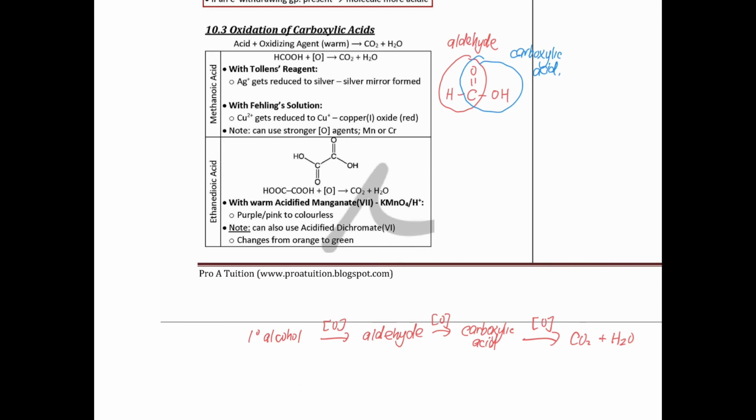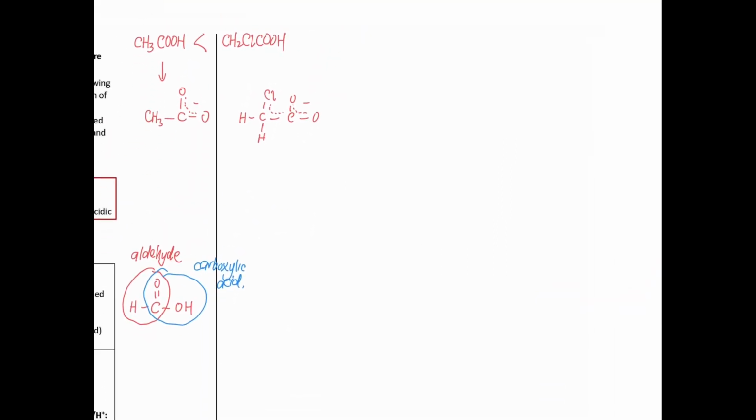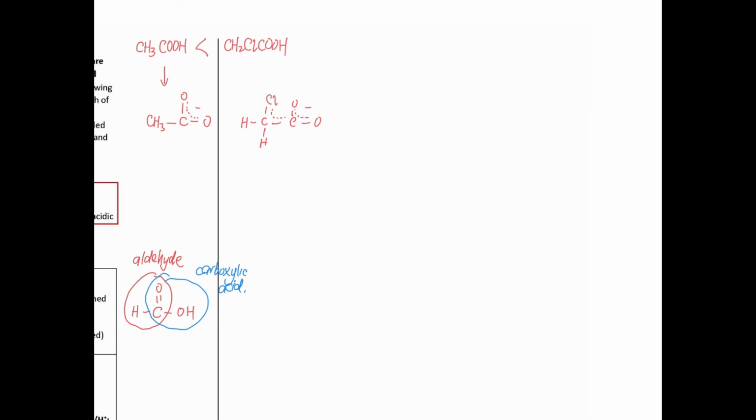Okay, so they form the same product, CO2 and H2O. It seems like nothing more already, but I have to add one more note for you. So we have to know that if you have carboxylic acid, just now we said carboxylic acid can oxidize to CO2 and H2O.